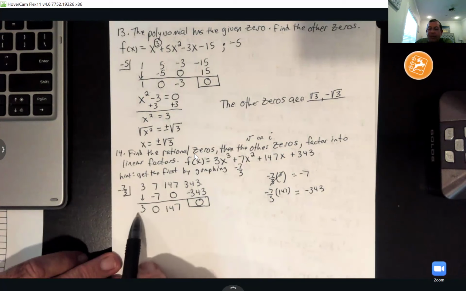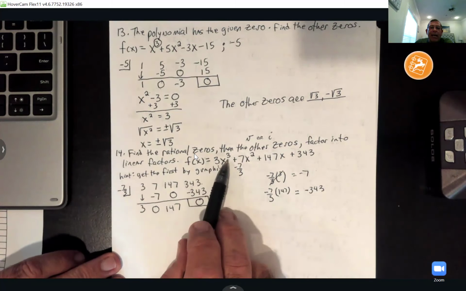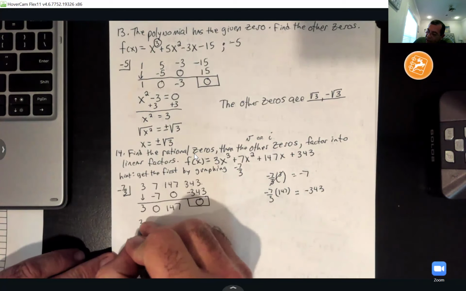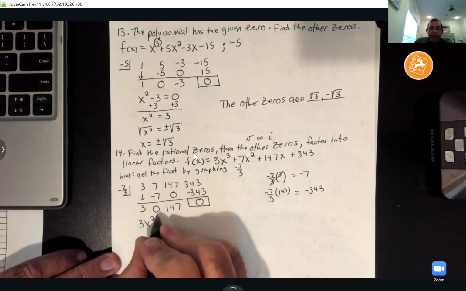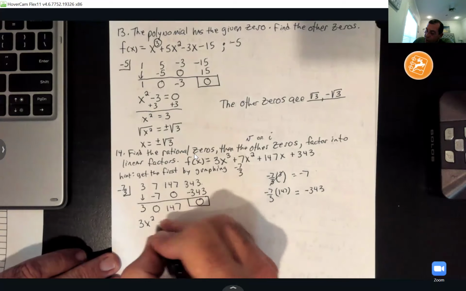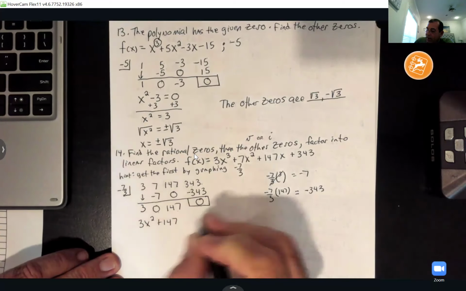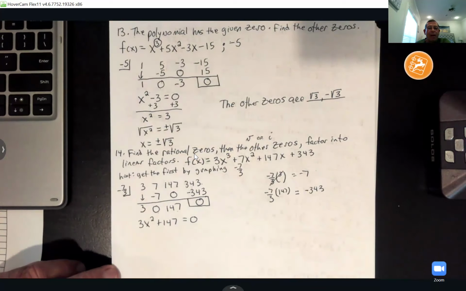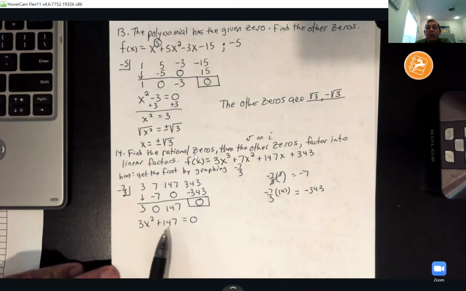So I got to get the last 2. So remember, that was the x third. This starts as the x squared. So I got 3x squared, 0 x's plus 147. I'm going to set that equal to 0 and solve it. So I'm going to do the square root stuff.